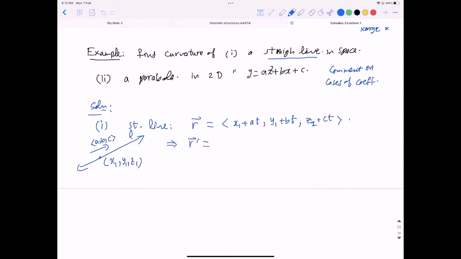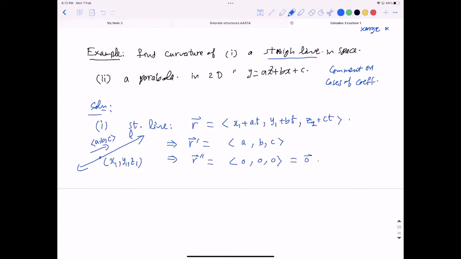What is the derivative you have here, Muhammad? Derivative would be a, b, c. Yes, derivative of t is 1, but we have a coefficient here. x1 gives 0, same for y1 and z1. Then, second derivative? Would be 0, 0, and 0. Yes, the 0 vector. You can write it simply like this.